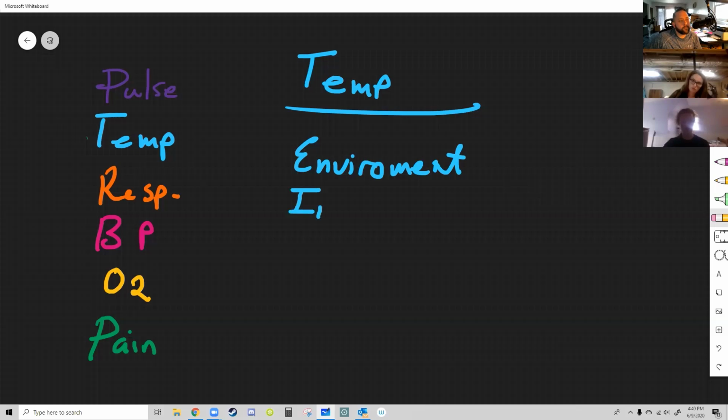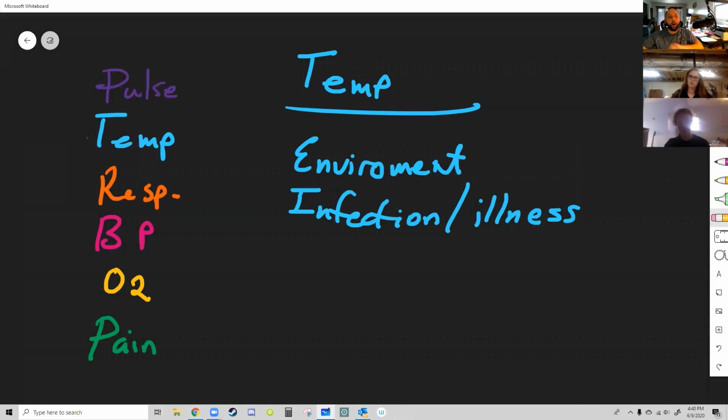Mm-hmm, like fever, sickness. Infection or illness. There's a bunch of other stuff. What else? Does age play a difference? I know the average is set, but age is a big factor in it.